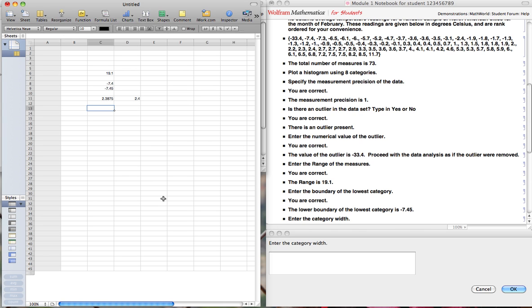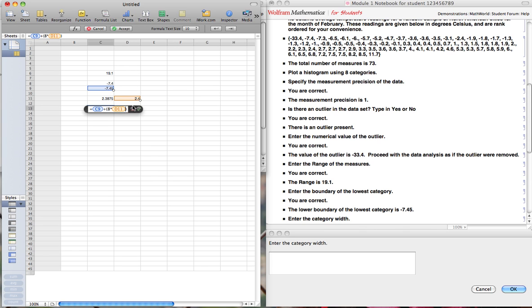We know that to construct the categories, we start off with the lowest category boundary and keep adding the category width to that number. So to get the upper boundary of the highest category, which is what I need to do to make sure my width is large enough, I add 8 times the category width to the lowest boundary, because 8 is the number of categories, and for now the category width is 2.4.